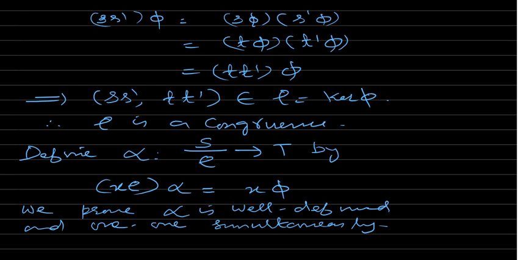So let's choose two elements from S over rho, and we'll show that they are equal if and only if their images are equal, which proves well-definedness and one-oneness simultaneously.